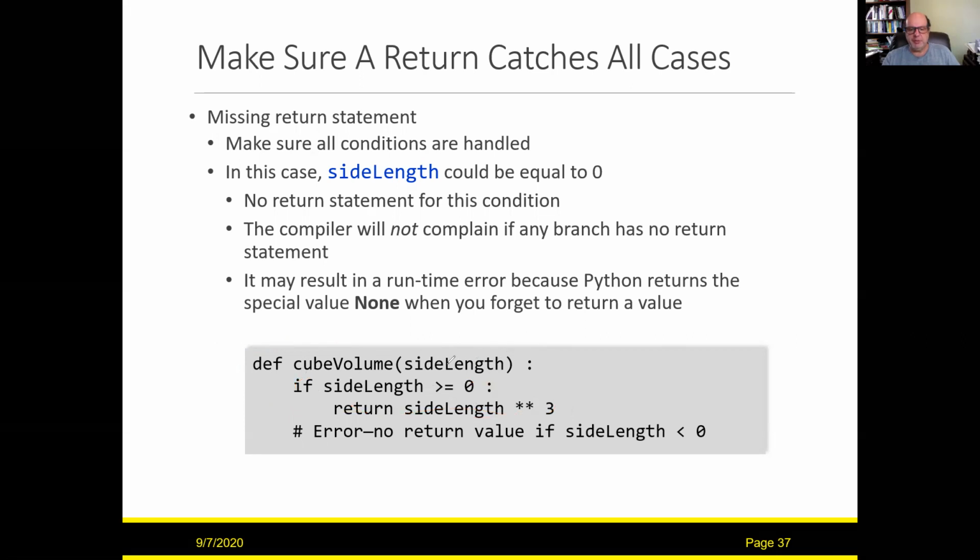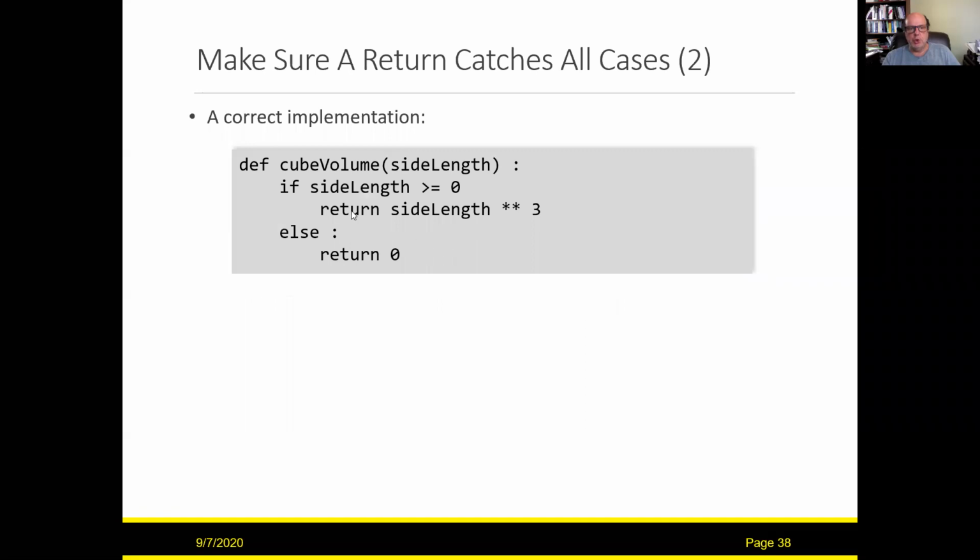It's not going to go into the if statement. It's going to drop off, and it's going to return automatically, but the return has no value. So we have to account for those things. I know I'm going over this a little too fast, but we will come back and review it. We should have a different return to account for what happens if this case is not true.